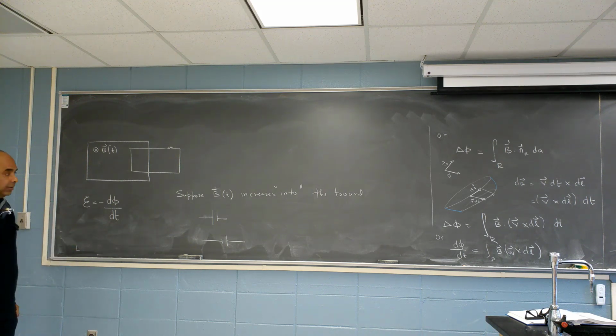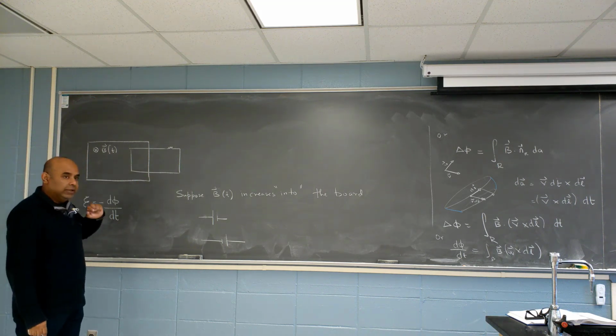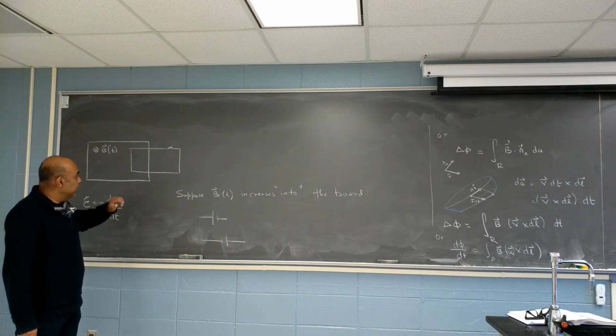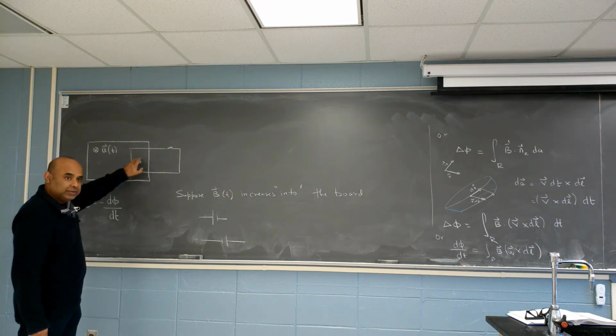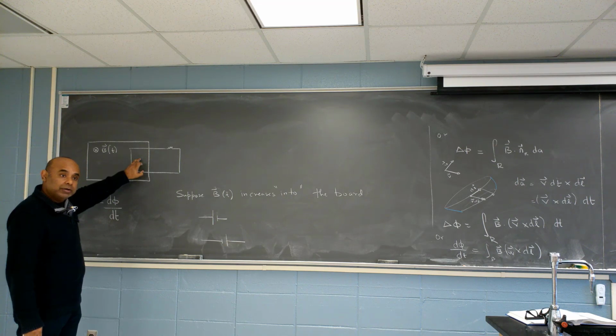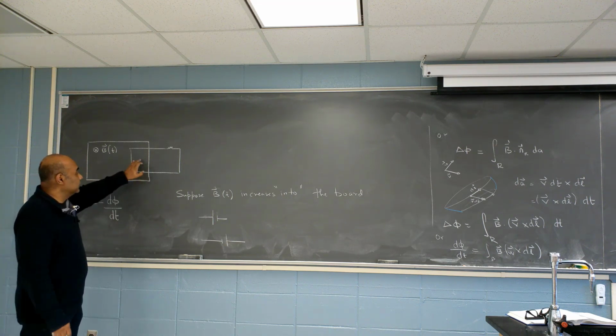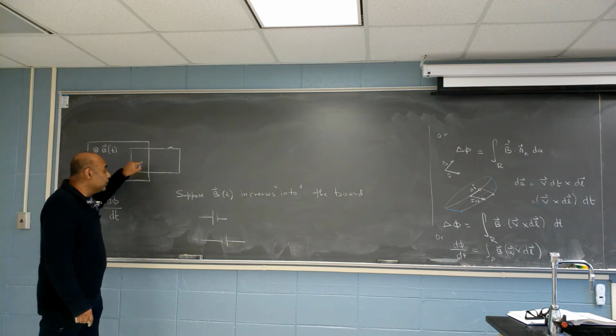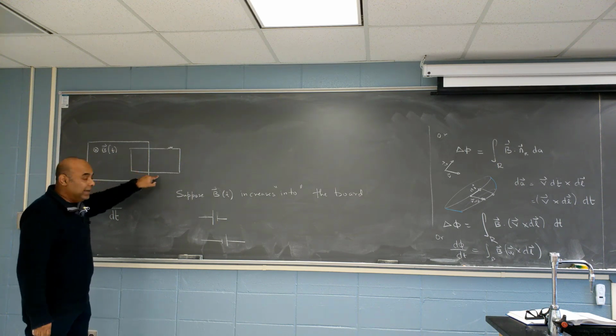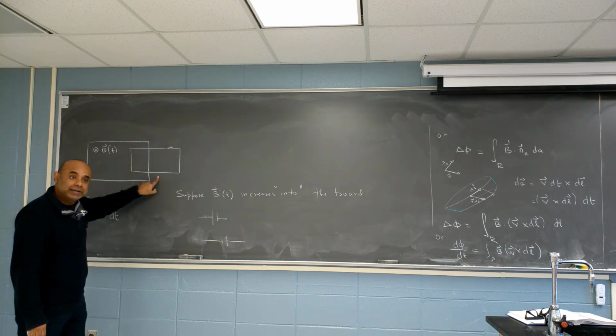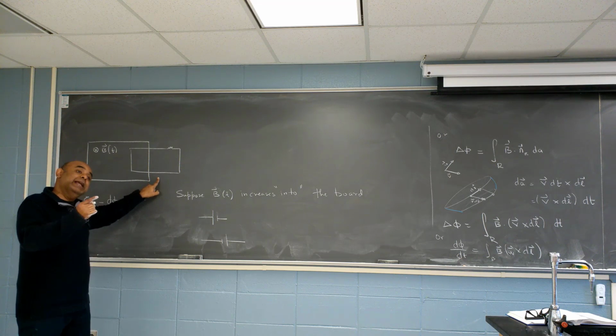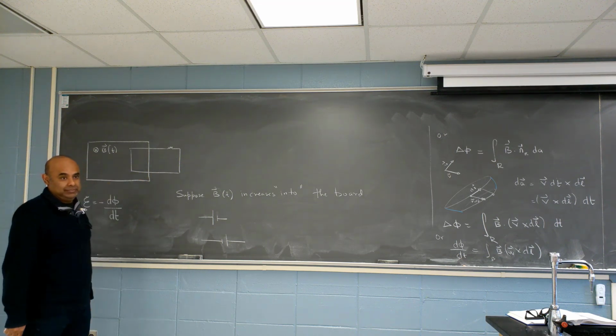Well, which one is it? Well, so this will induce a current. And if the magnetic field is in this direction, because the flux is increasing in that direction, the induced current should be such that the magnetic field induced by that current opposes that.